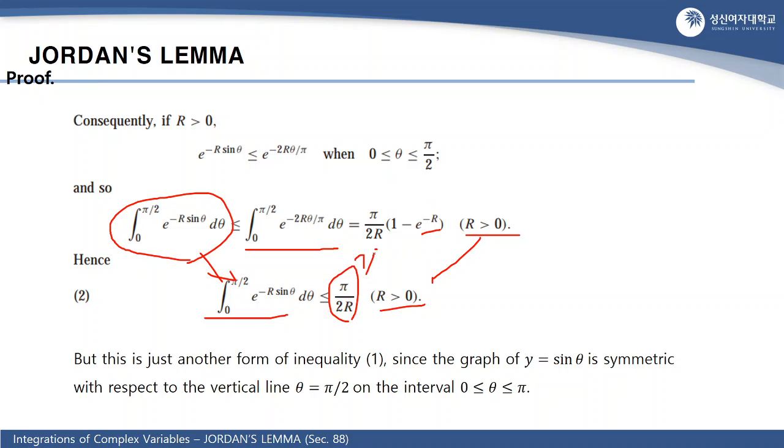So this will be greater than this. If we take 1 minus that and multiply by pi over 2 times R, we end up with something that is in fact less than pi over 2 times R. So, therefore, the integral from 0 to pi over 2 of exponential of negative capital R sine theta is less than or equal to pi over 2 times capital R. Here, capital R is greater than 0.